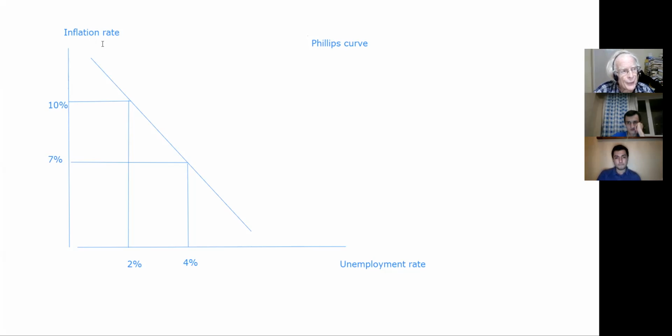But in reality, at least in the West, it turns out that we don't have this nice negative relationship between unemployment and inflation. Instead, the relationship is very messy. Looks something like that.